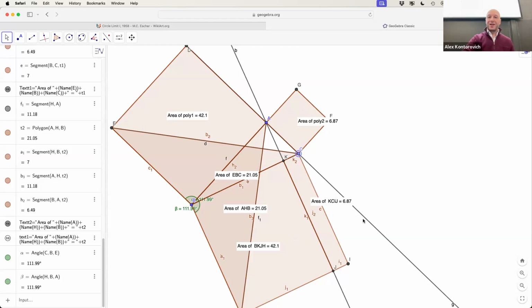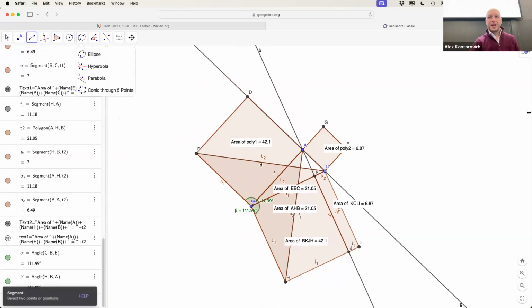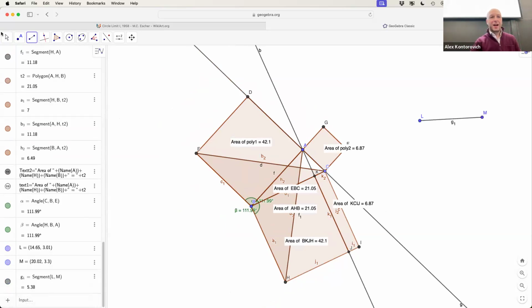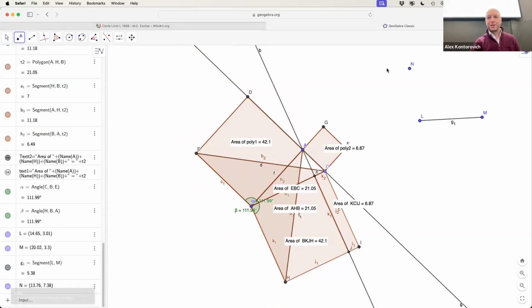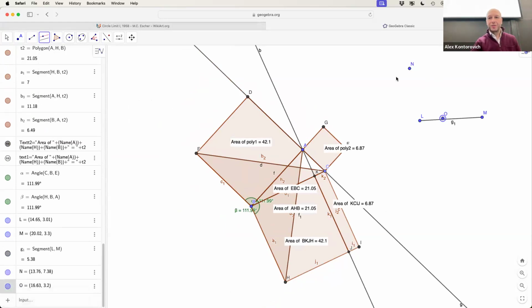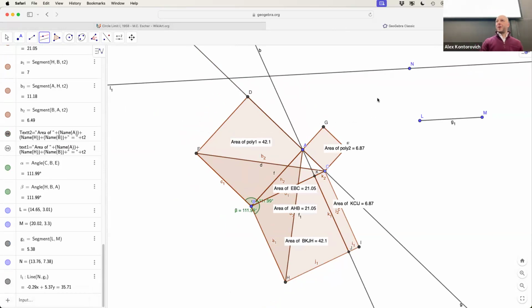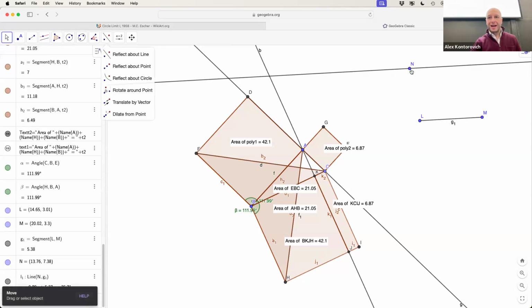Okay. So what I'm saying about parallelograms, let's just isolate that statement. If I have a line and a point, let's draw a parallel line from this line to this point. You have to say it very nicely or else it won't do it. Okay, so there's a parallel line. Now how am I going to draw a parallelogram at N?